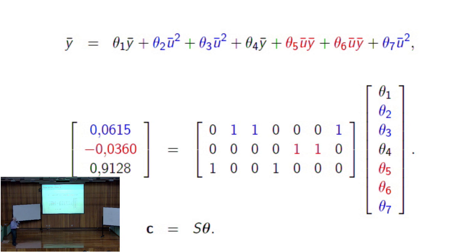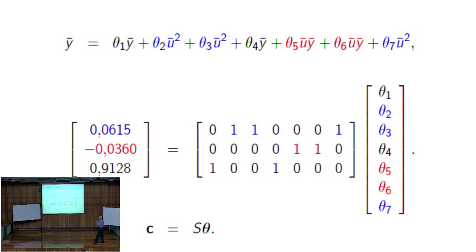Theta 2, theta 3, theta 7 are free as long as they add up to this number. So actually, there are three parameters, you have only 2 degrees of freedom, okay?